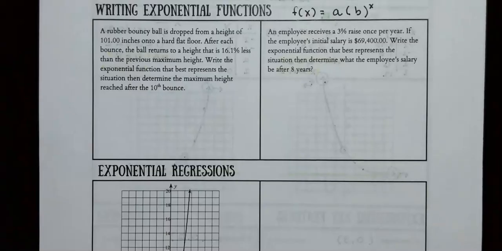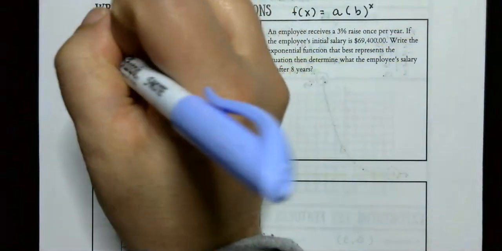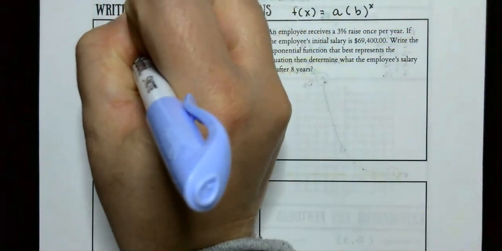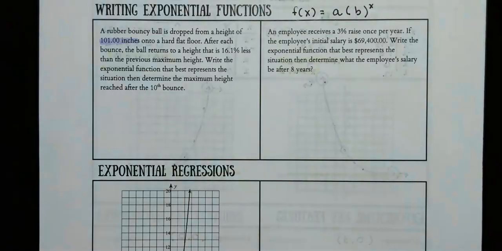The bouncy ball is dropped from a height of 101 inches. This automatically tells us where the ball starts, so that is going to be our a value. That is our starting point. Then it says that every time the ball bounces, the height is 16.1%.